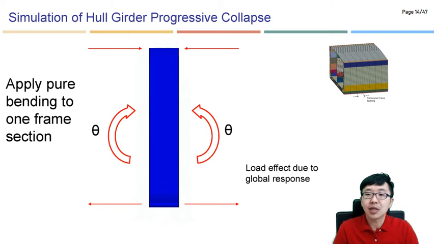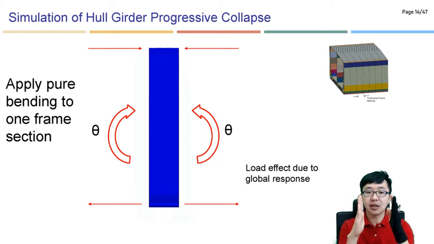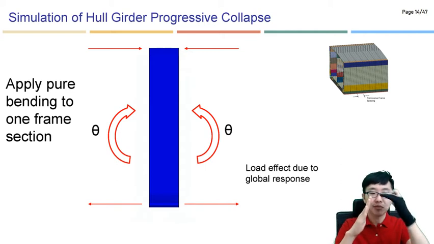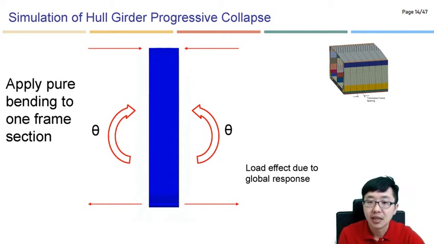We will try to apply the pure bending moment to the one frame section, as you see here, and this angle will be changed, which means that the curvature will be changed, and the shape will be like that, which means that the bottom structure will be tensioned. At the same time, the deck will be compressed, and the load effect due to the global response, strain and stress will be changed.